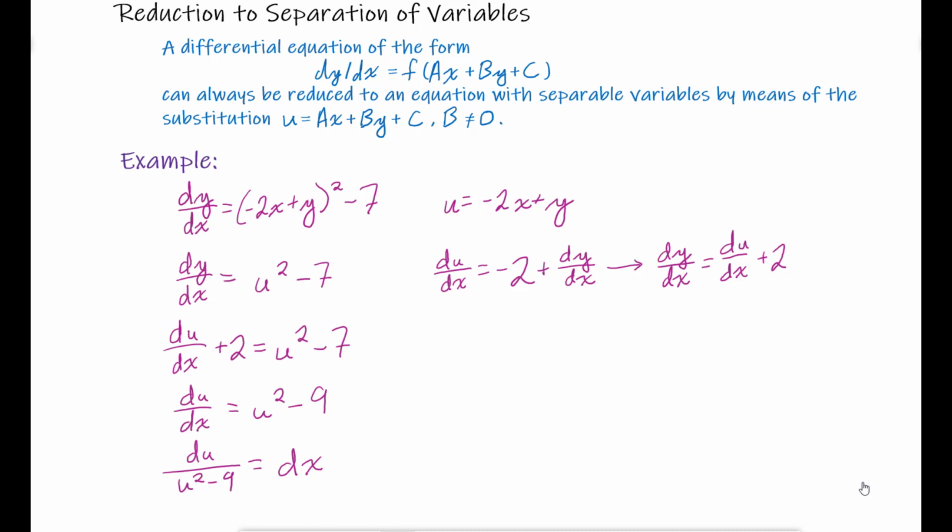And now we would use our solution techniques for separation of variables. We would use some partial fractions here to make this something that we could integrate. And we would come up with a solution in terms of u. And then, just like we've done in the two examples previous today, we would substitute back in for u, putting our negative 2x plus y in place of any u's that are occurring in our final solution.